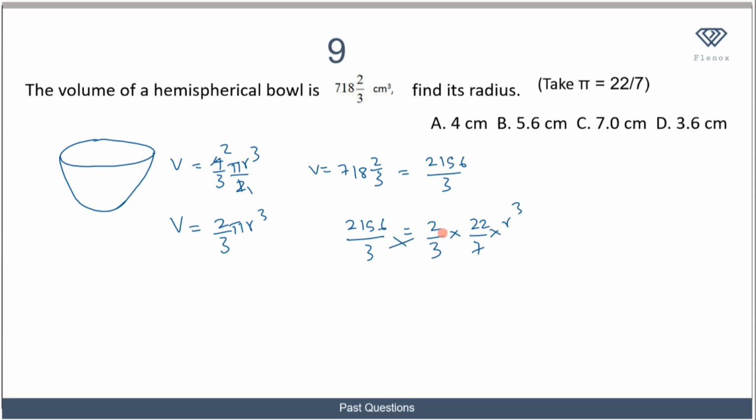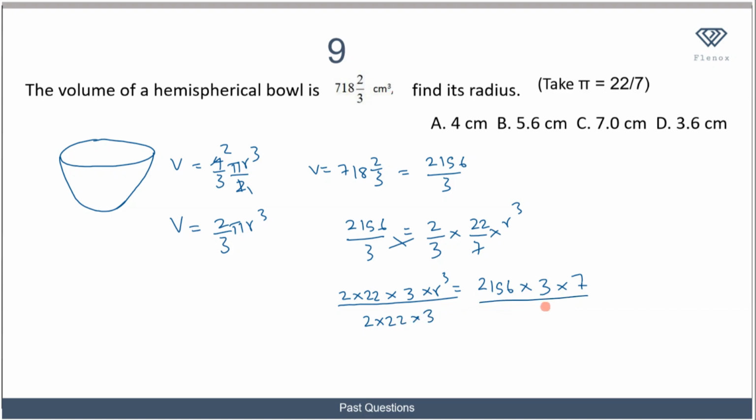When I cross multiply, I have 2 times 22 times 3 times r cubed is equal to 2156 times 3 times 7. Then I can divide both sides by 2 times 22 times 3.